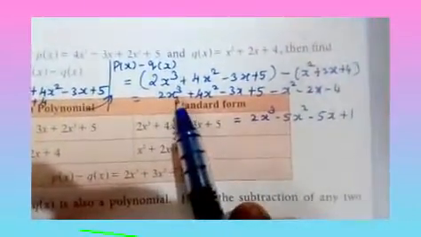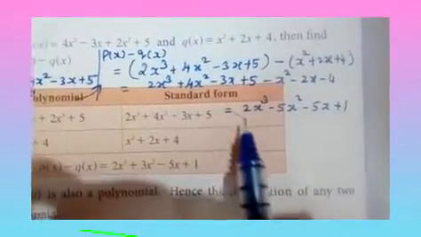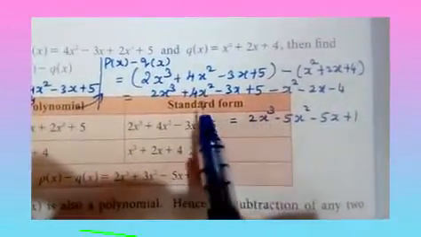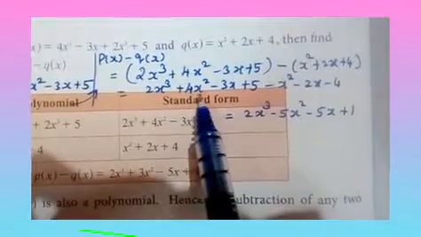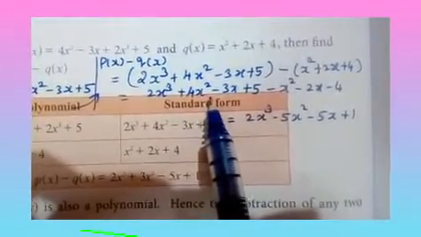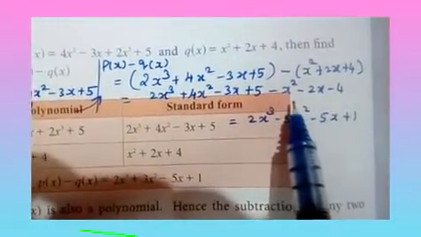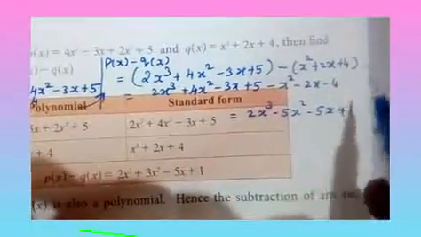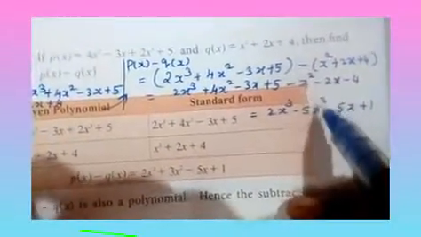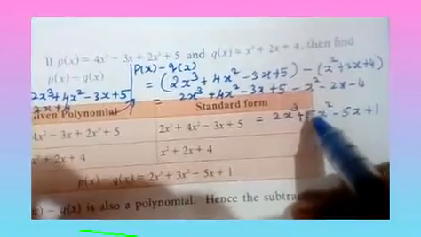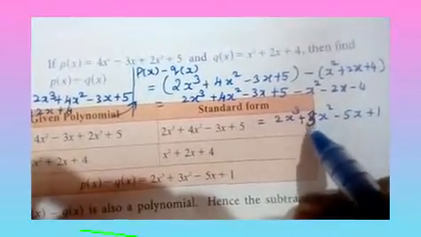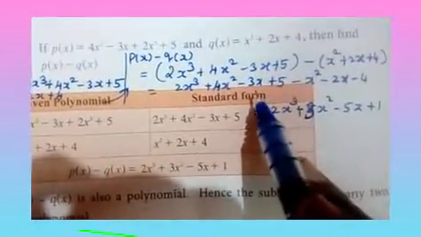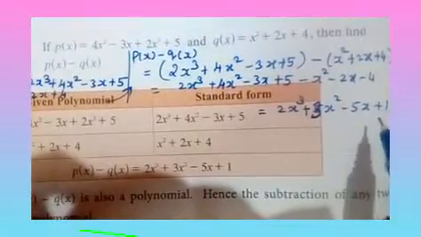Now simplify. Are there 2x^3 values? No, just write 2x^3. Then the x^2 values: 4x^2 minus x^2, that is plus 3x^2. Next minus 3x minus 2x, that is minus 5x, plus 1.